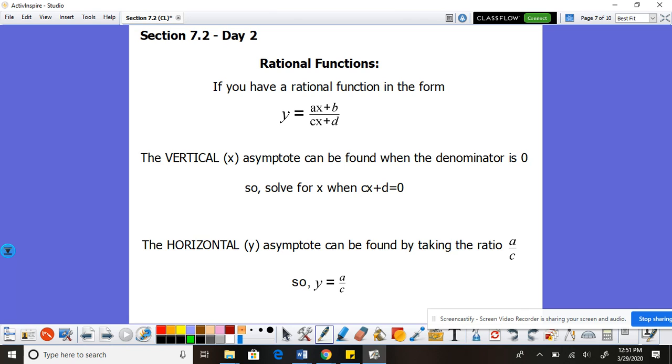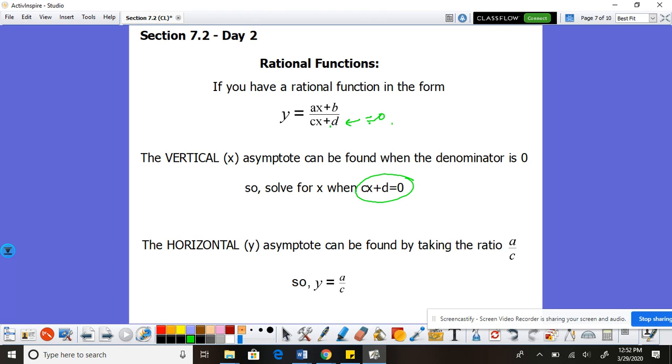To find the vertical asymptote, we would solve when the denominator is equal to 0. So when cx plus d is equal to 0, we have a vertical asymptote. Remember, we can never have 0 in the denominator, so when this is equal to 0, we can't have that x value, which is why we would have a vertical asymptote, up and down.